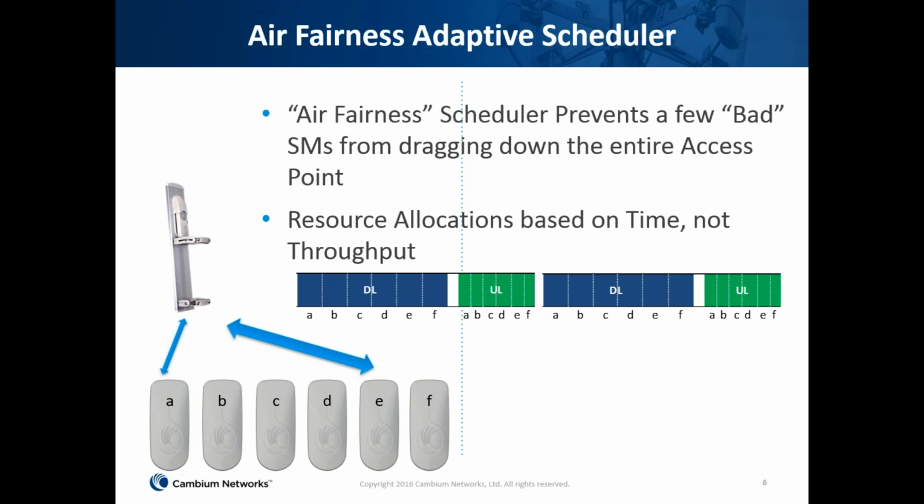We're able to move very quickly between all the SMs. That's how we're able to support up to 120 subscribers per access point. But for the kind of subscribers that are in a very bad signal, they're not really any worse off through our testing than if they were with a system based on bandwidth rather than time.